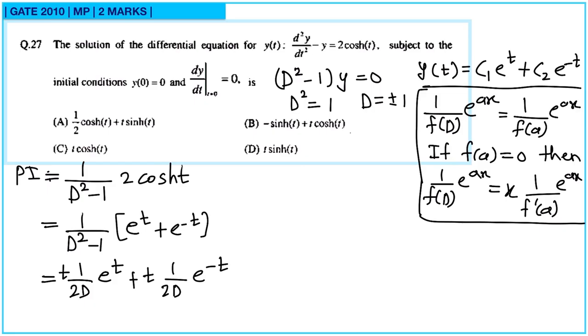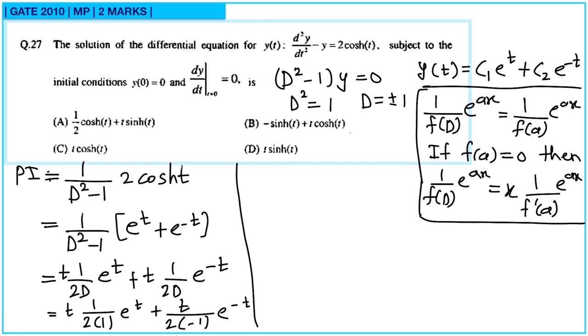Now we can substitute it here. In place of d we will substitute 1. So this will be t into 1 upon 2 into 1 into e raised to t plus t into 1 upon 2 into minus 1 into e raised to minus t. So this particular integral will be t by 2 into e raised to t minus e raised to minus t.